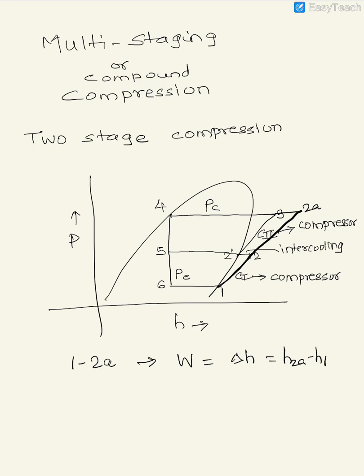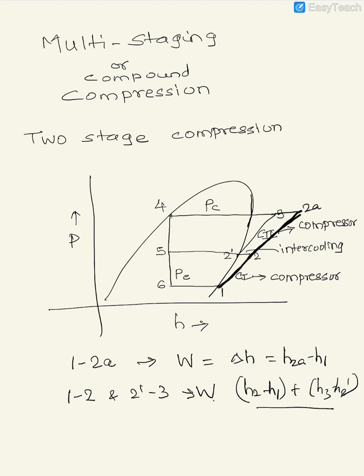In case of multi-stage compression, you have compression from 1 to 2 and compression from 2' to 3, and the work input would be H2 minus H1 plus H3 minus H2'. Now, the reason why, in spite of this addition of the two, this work is less as compared to the single stage work, the multi-staging work is less, is that this line is away from the saturation curve as compared to the multi-staging case.